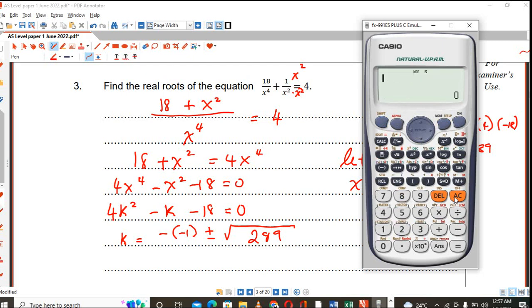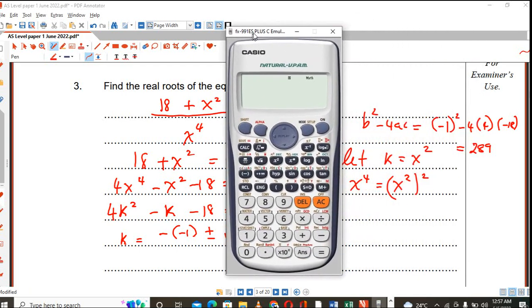It still gives me the same problem. Shift clear. Okay, let's say everything equals AC. Now it's where I need it to be. I don't like the other display. So I want to find that answer here: negative 1 in brackets, negative anything squared is positive, minus 4 times 4 times negative 18. Good, that gives me 289.